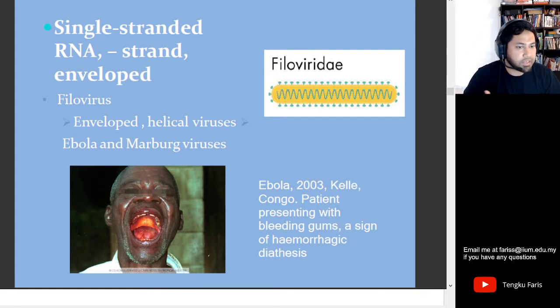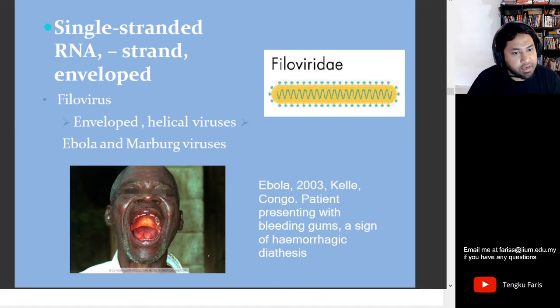So it's pretty easy, straightforward if it's positive strand. But in the case of virus with the negative strand, they need to be converted into positive strand before the genetic material can give proteins that are important for infecting the host cells.